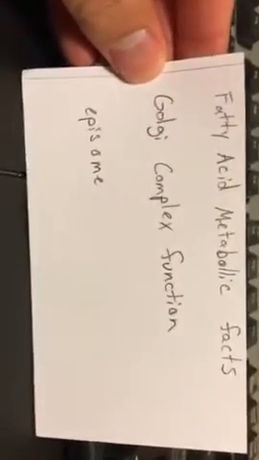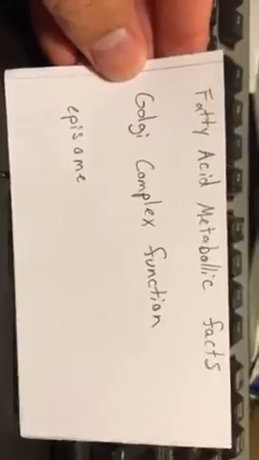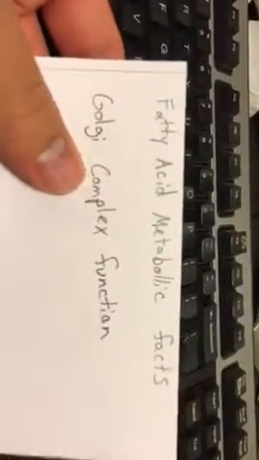Fatty acid metabolic facts. The fatty acid metabolic facts state that beta oxidation of fatty acids occurs in matrix of mitochondria and forms acetyl-CoA. Synthesis occurs in cytosol. Golgi complex function.